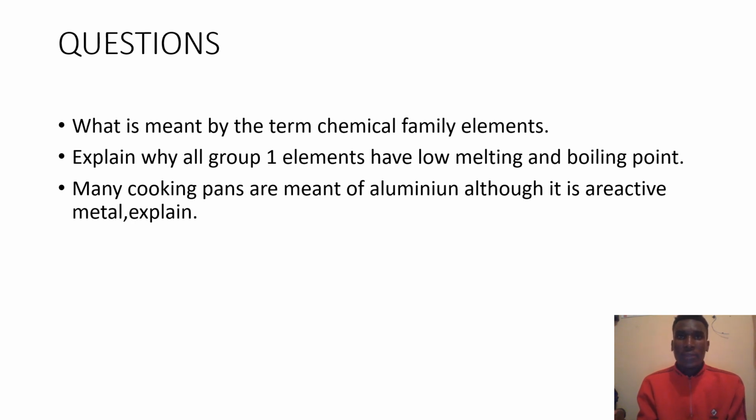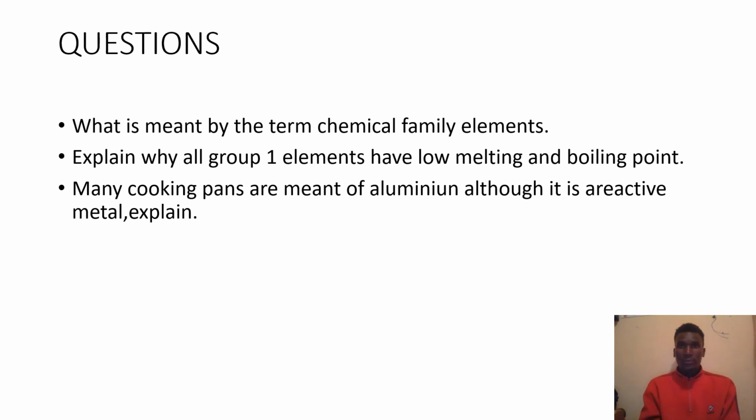There is another question that asks, what happens when alkali metals react with halogens, and can you provide an example? We have not discussed the halogens, which are group 7 elements, or group 17.